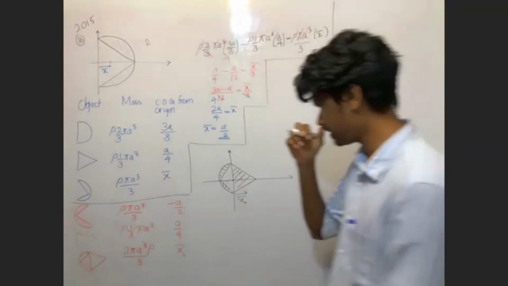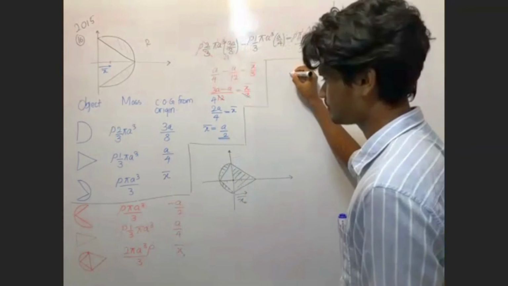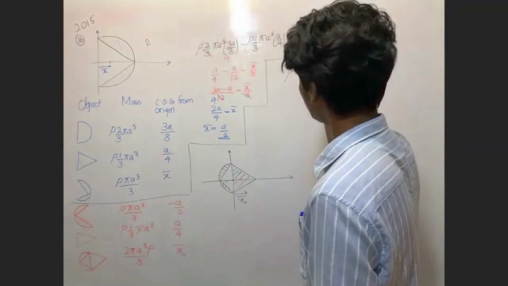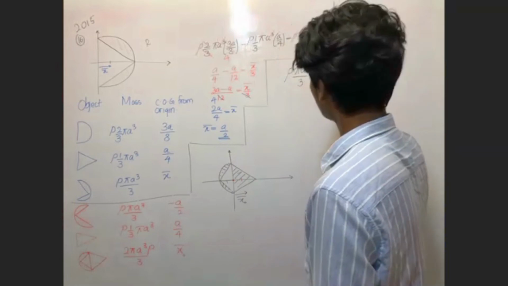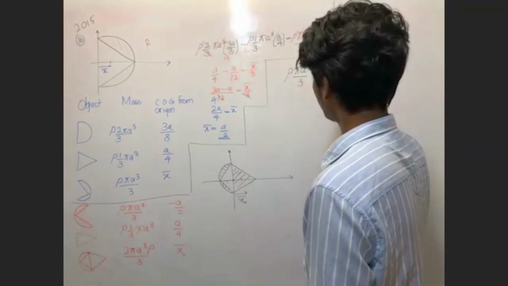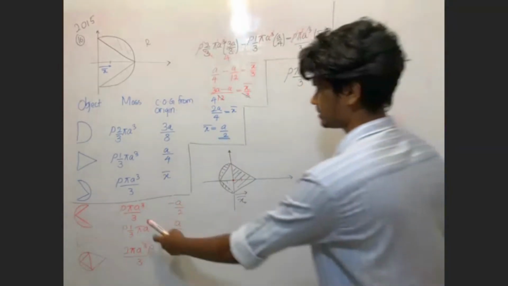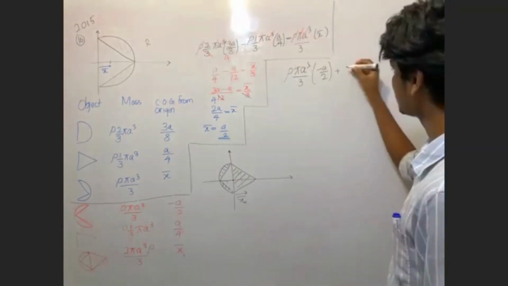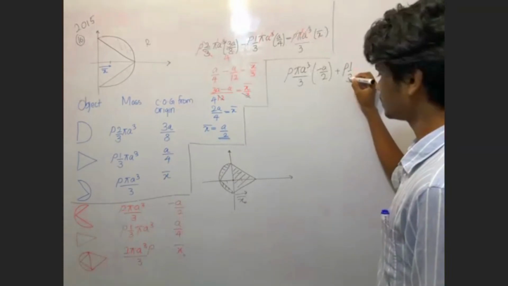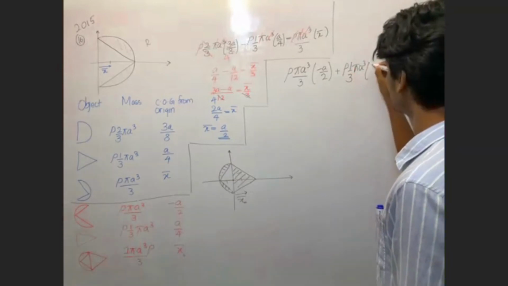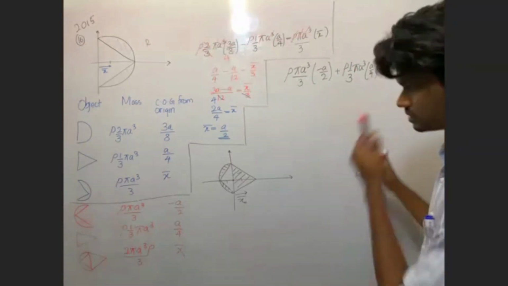Let's multiply the two products. Rho phi a cube 3 minus a over 2, plus this product, rho 1/3 phi a cube a over 4.